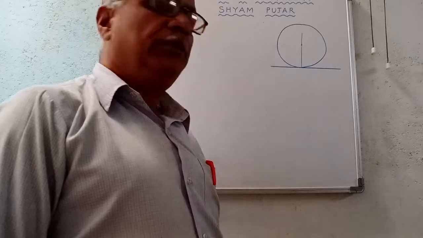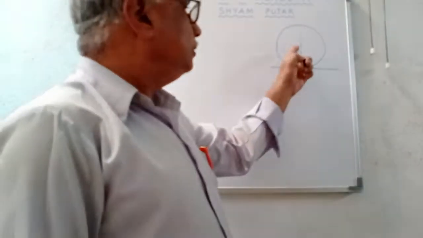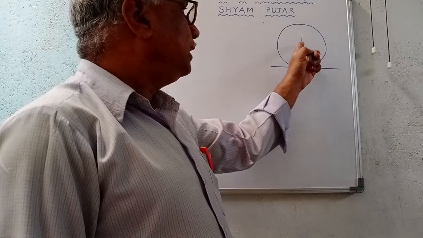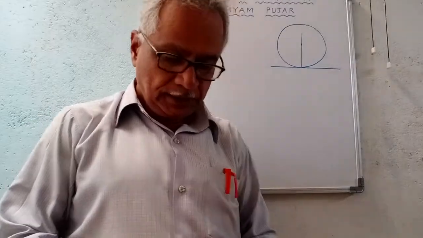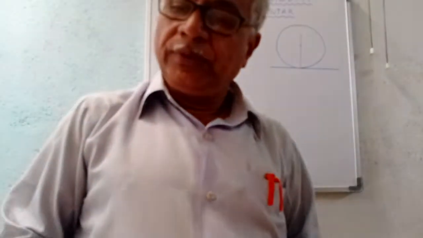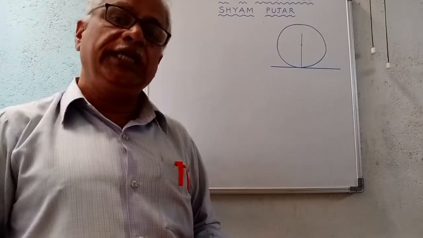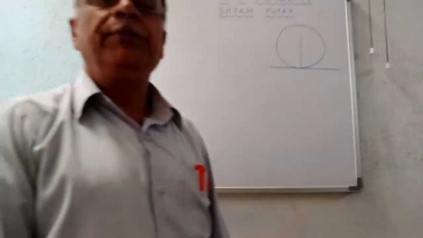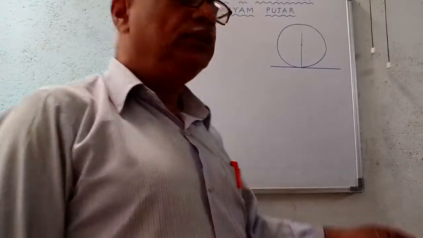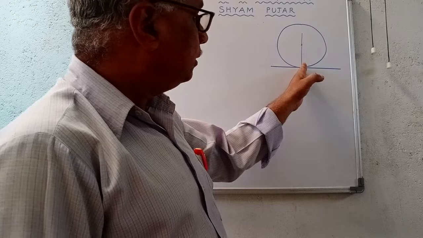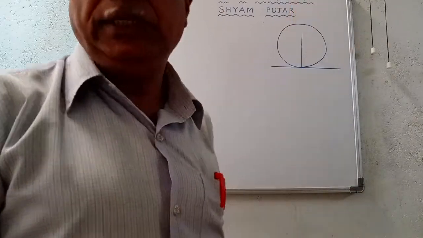Okay. In the previous class, we have seen how we proved that this is the shortest distance from the center to the tangent, and hence the line joining the center of the circle with the point of contact is perpendicular to the tangent. Now we are asked to prove that this line, when we draw a perpendicular at the point of contact, must pass through the center.